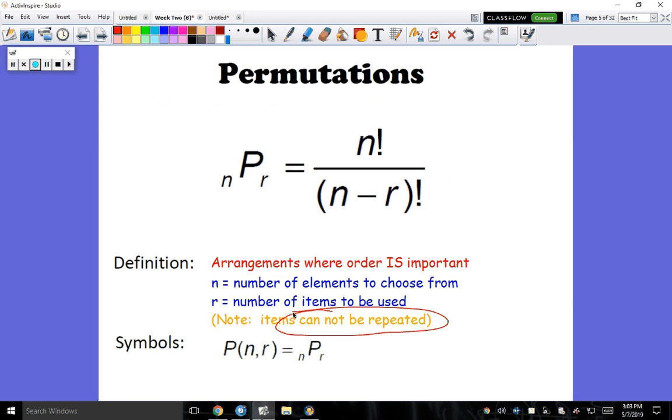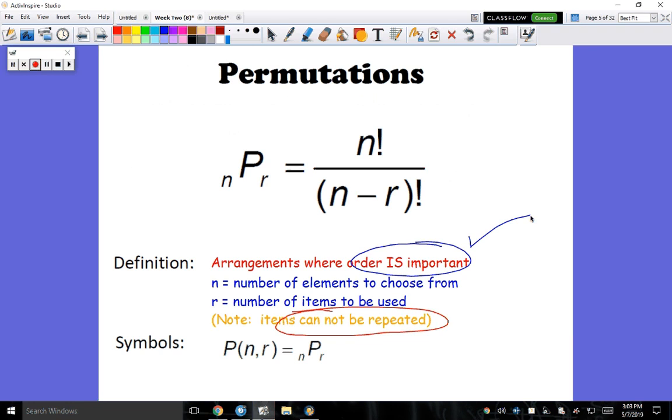But the difference is, permutations, order is important. Okay? And this is where your reading skills come into play. You have to have good reading skills to understand, is this order matters or is this order doesn't matter? So if order matters, it's going to be a permutation. If order doesn't matter, it's going to be a combination.